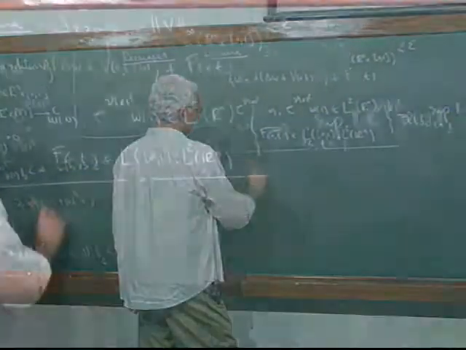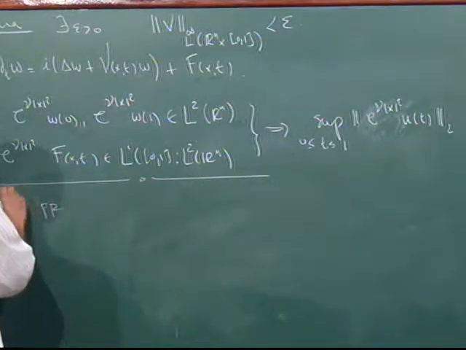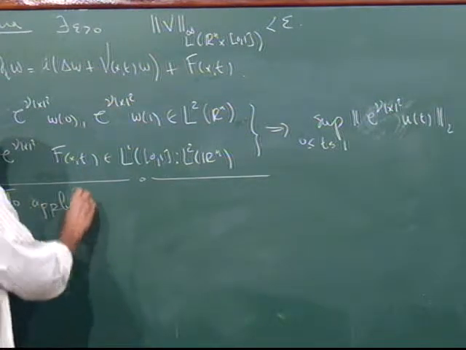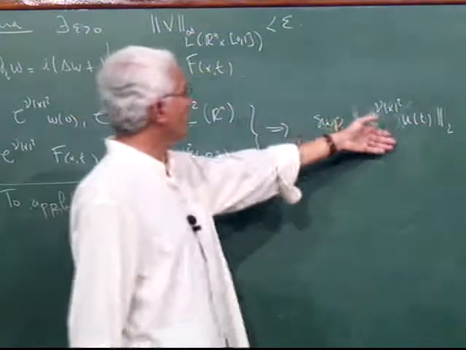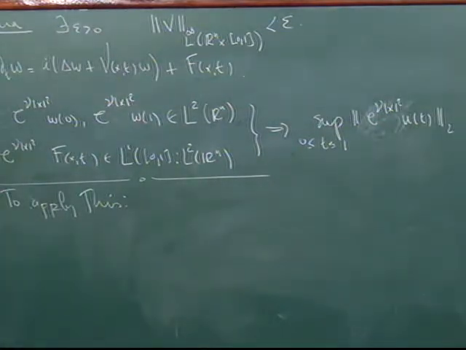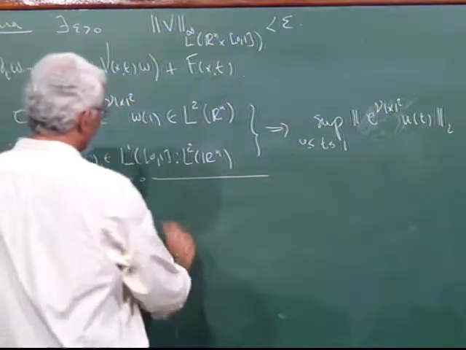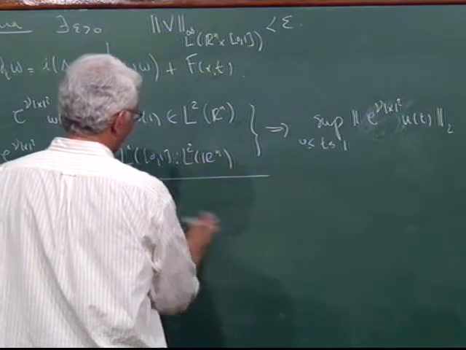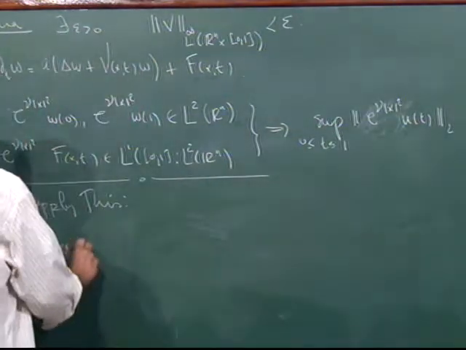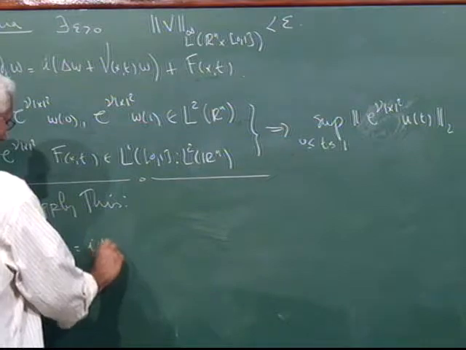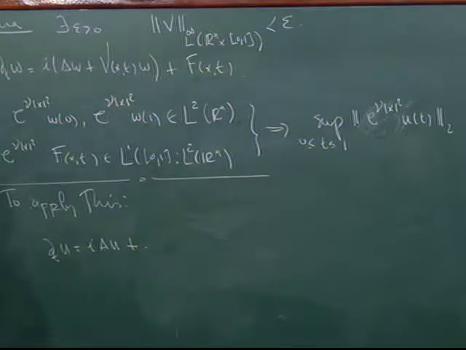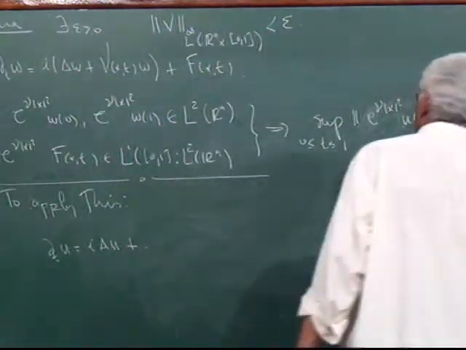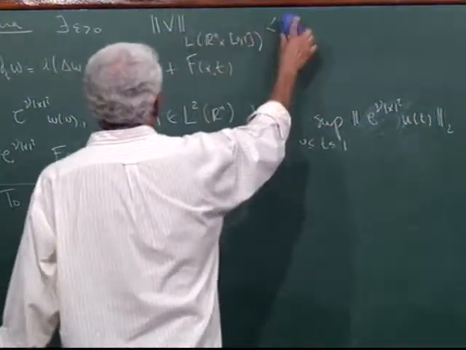I mentioned this, but I don't know if that was correct. To apply this, because if we go to the proof that we did last time, we are assuming all the time that this is finite. And we have only this at 2 times, and we have this. This is our hypothesis. Then what do you do? You write your equation in this form. Maybe I have to put L1 here.